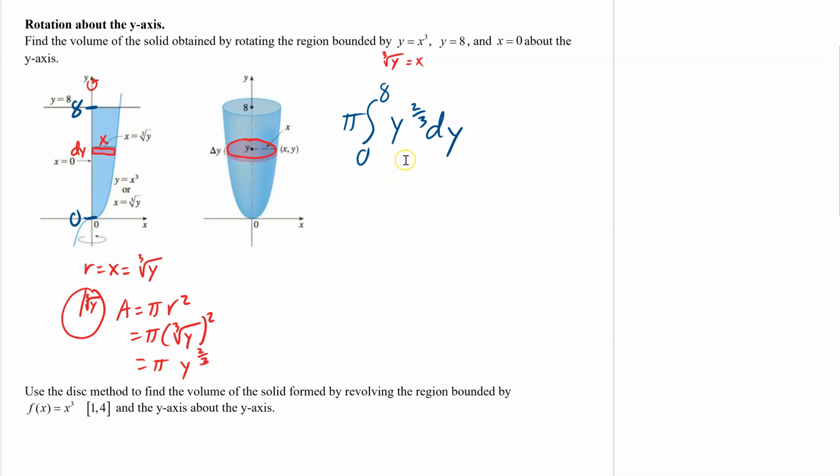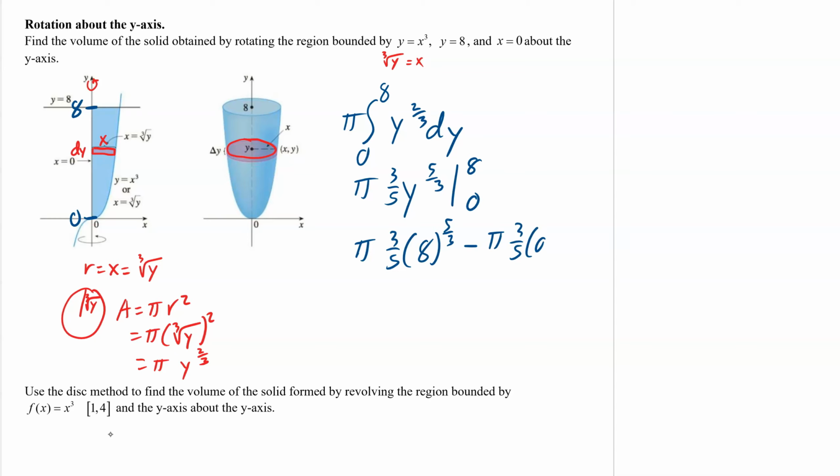So now if we plug this in our calculator, it's going to give us an approximate answer. This one's not too bad to find by yourself, so we're going to do this by ourselves here. So this would become y to the 5/3, times 3/5, and then pi, from 8 to 0. So that's pi times 3/5 times 8 to the 5/3 minus pi times 3/5 times 0 to the 5/3.